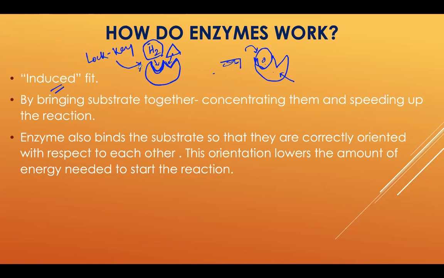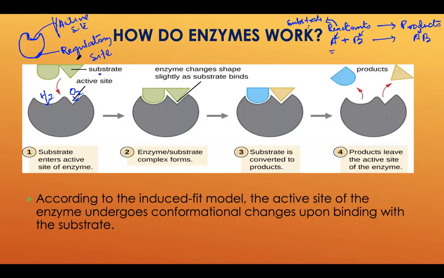So it's a perfect match, so the chemical reaction can happen. But over here it's not a perfect match, but we must produce the products, okay. So in that case, the enzyme adjusts its shape, and that's called the induced fit mechanism. These are the two ways the enzyme works.